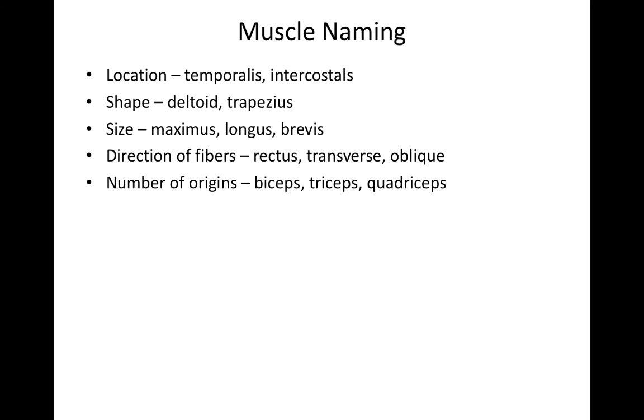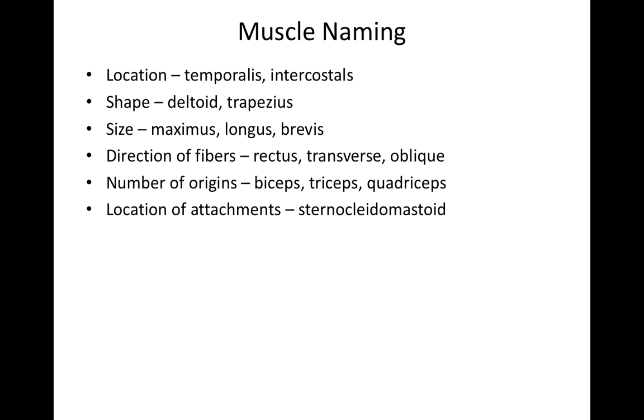The number of origins, so we've got biceps brachii, we've got biceps femoris, which is why we don't just call it the biceps. Okay, triceps, quadriceps, just telling you how many origins we have. The attachment locations, so sternocleidomastoid is telling you exactly where it goes.